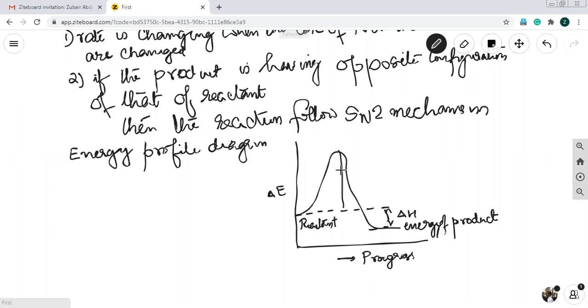This is the activation energy, delta E. So this is overall, and remember this is a transition state, the energy of the transition state, and there is no intermediate in this reaction. Therefore there is only one step, a transition state and the product. So it is a single step reaction.